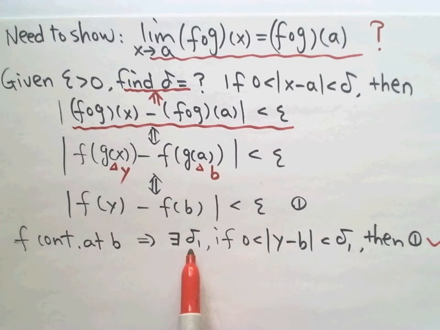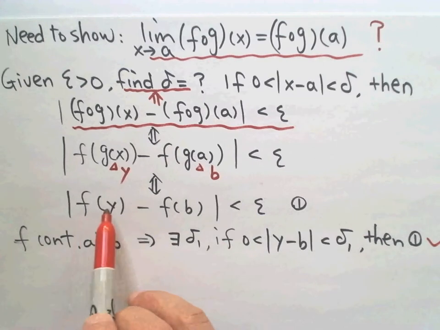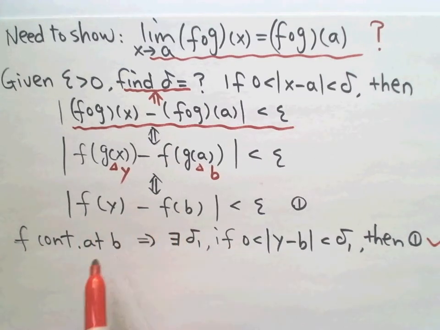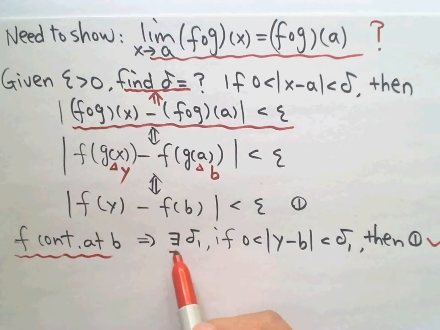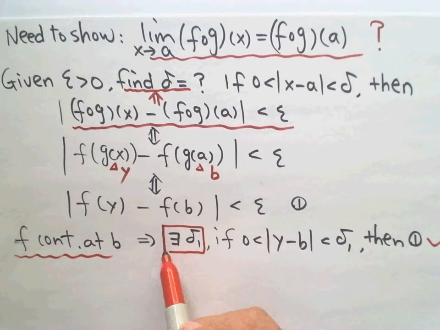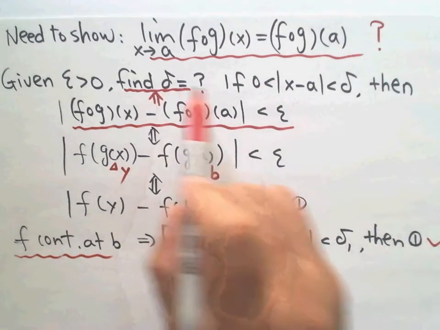So for any epsilon given, we can find delta 1 such that if y goes into delta 1's neighborhood of b, which means y approaches b, then f(y) will approach f(b). That's the continuity. From the first continuity, good, we found this, but this is not what we need.